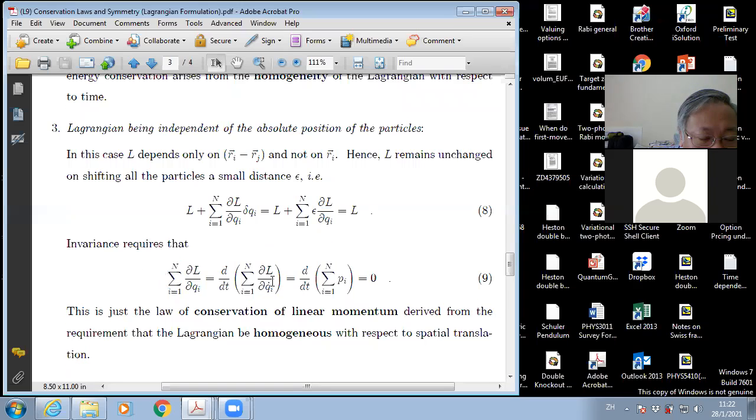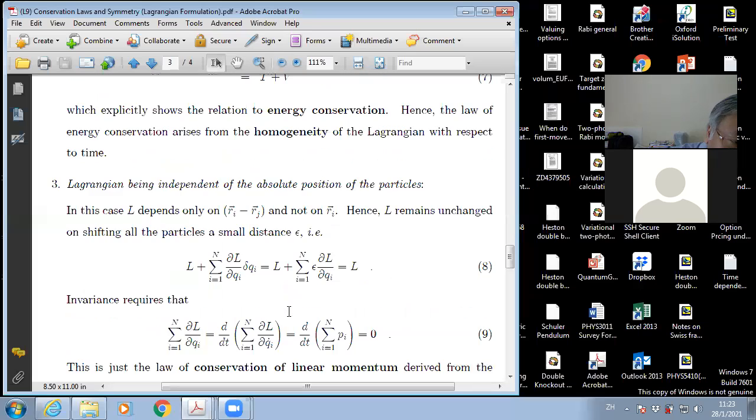And we know that the sum over i of ∂L/∂qi gives you the total linear momentum of the system. And here it tells us that the total linear momentum is conserved, all right? So the requirement that the Lagrangian is homogeneous with respect to spatial translation gives the law of conservation of linear momentum, all right? So let's summarize.